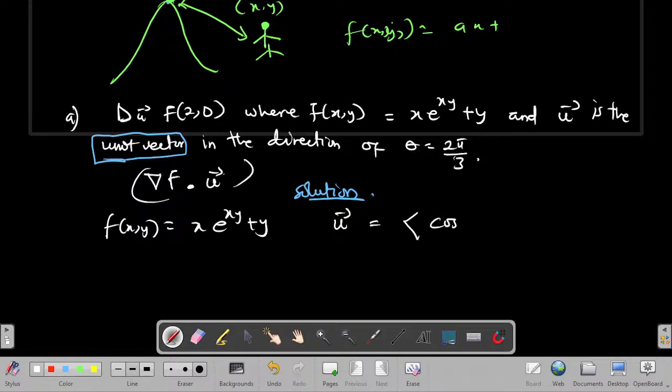So cosine of 2 pi on 3, comma, sine of 2 pi on 3, like this. Then you simplify. So our u will be given by cosine of 2 pi on 3, which is negative half. Then let me punch this here.